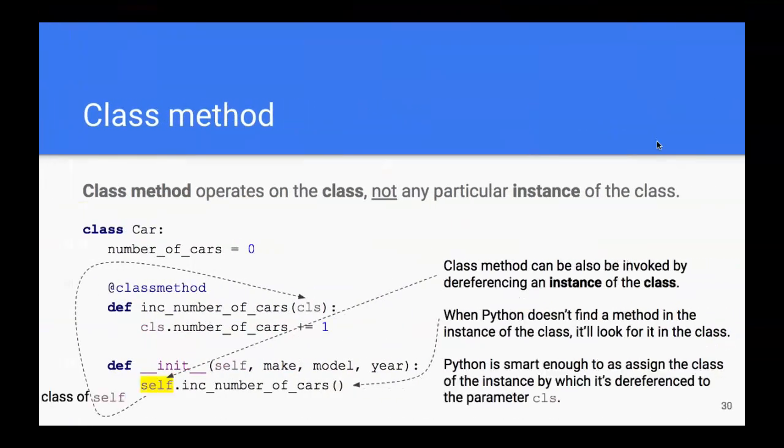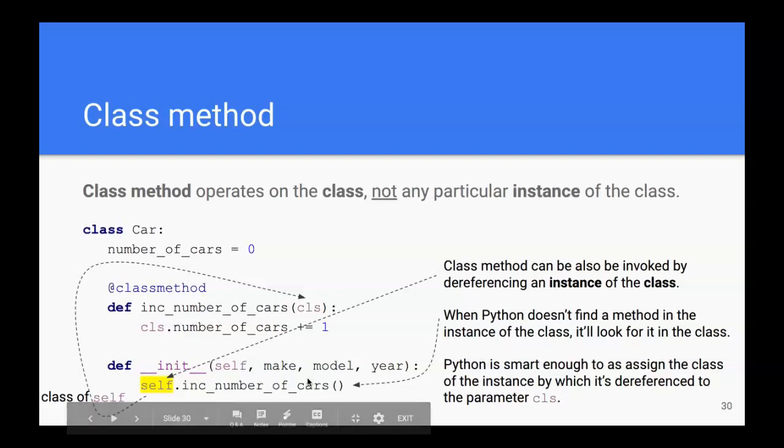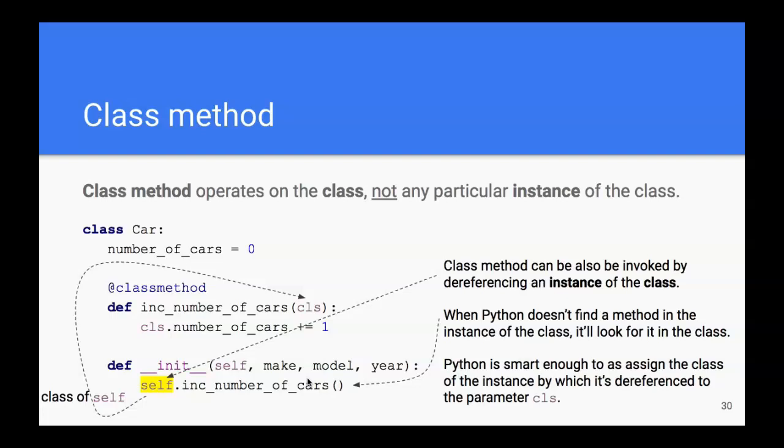Okay, and the way it works, as I just showed, it can be invoked by the reference and instance of the class. The way it works is kind of similar to accessing a class attribute through an instance, right? So Python would first look up the method in the instance. If it finds it, you use it, and we're all good.